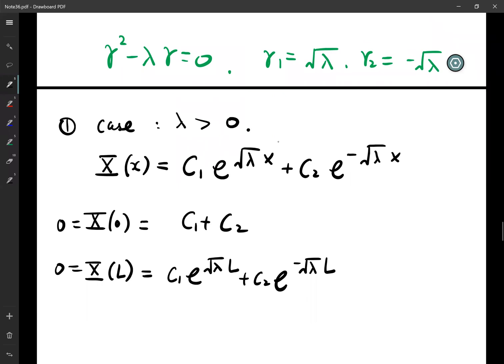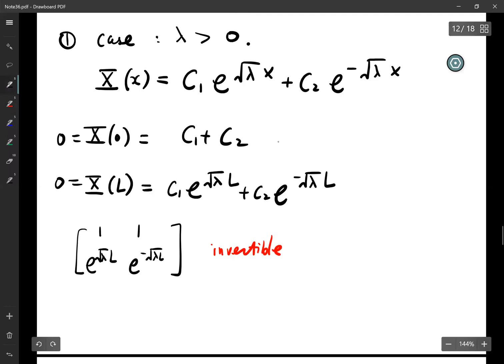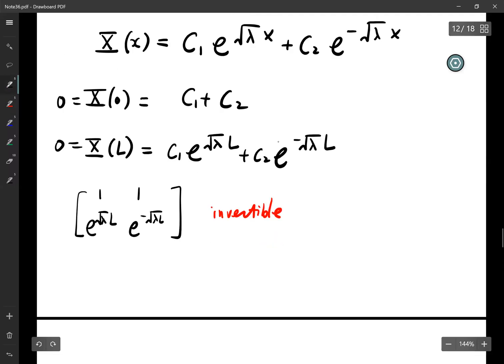And because this matrix, 1, 1, exponential root lambda L, exponential minus root lambda L, is invertible. Compute the determinant, it is not 0, unless L is 0, but then the rod has length 0. That's not interesting.